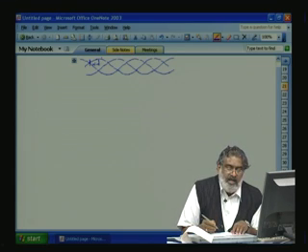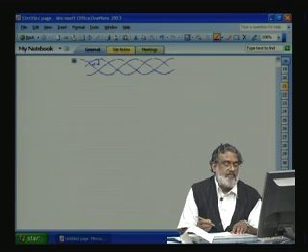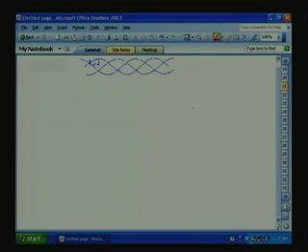What should be the alpha 2? We are firing converter 1 and converter 2 such that the output voltage of converter 1, E maximum into cos alpha 1, should be equal to E maximum into cos alpha 2. That means cos alpha 1 plus cos alpha 2 is equal to 0.